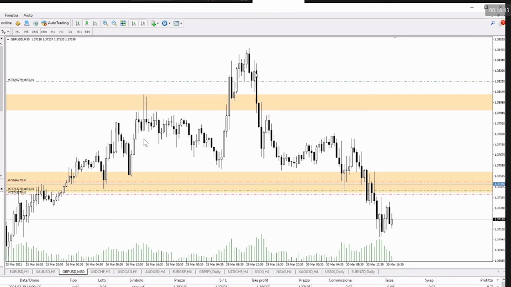Yesterday I entered, very nice entry, boom, price skyrocketed down immediately. A little pullback. This is the GBP USD on the M30, even the 1 hour time frame.